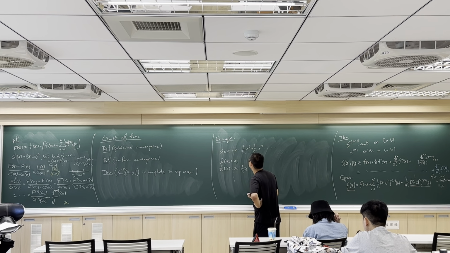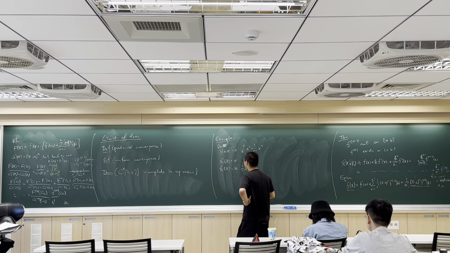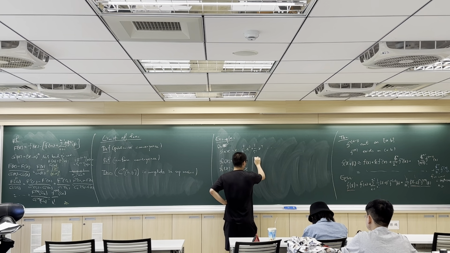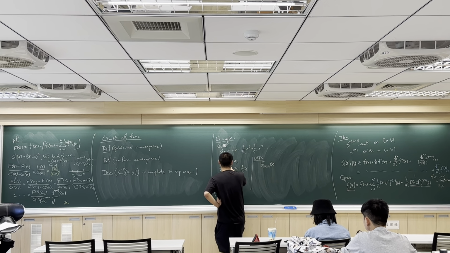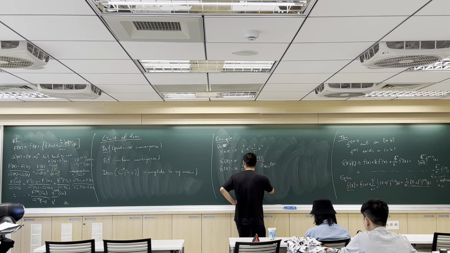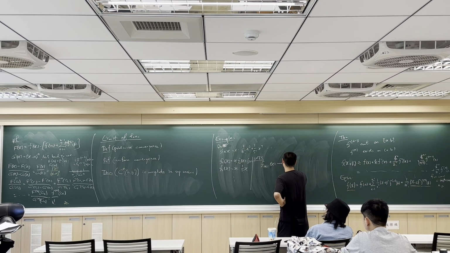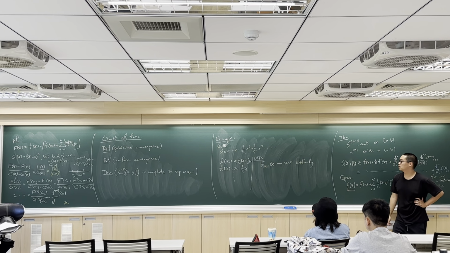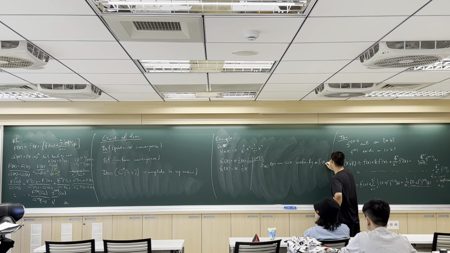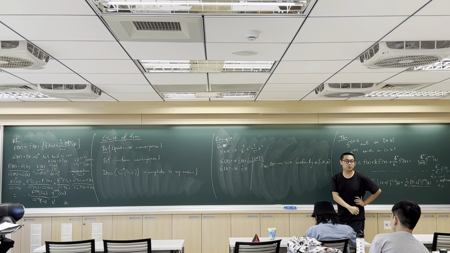So let's check it on R. I want to show that f_n(x) converges to sine x uniformly on some bounded interval, negative M to M. So given any interval like this, you know f_n(x) converges uniformly to sine x.